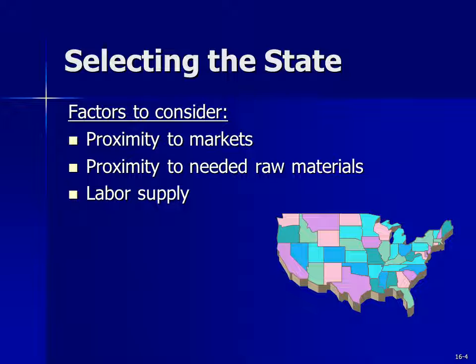Then labor supply should be close to your state. Wages rate. Before starting a business, you should keep in mind what the wages rate is in a particular country. I am especially talking about international business. If you are planning to do your business in some other country, you should know the labor supply in that country and the wages rate.